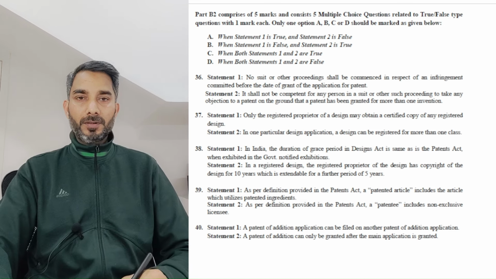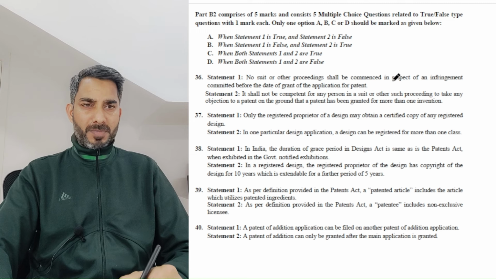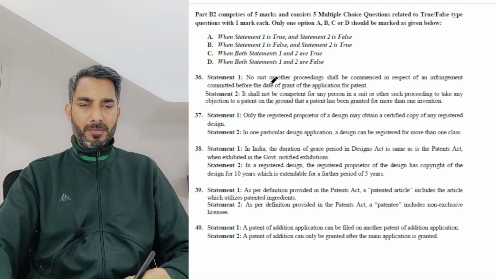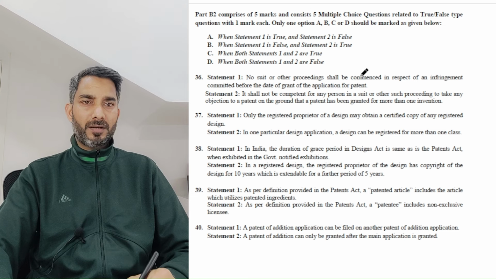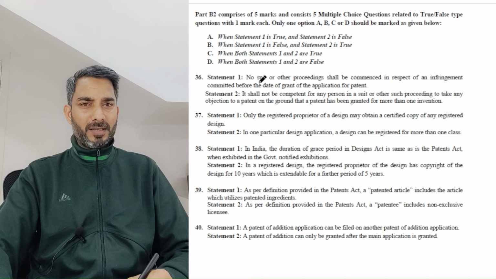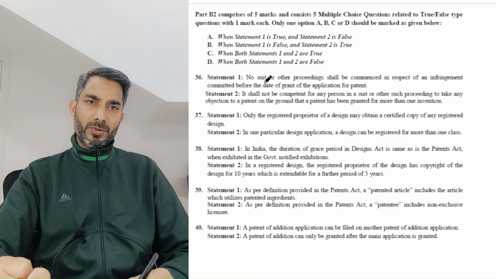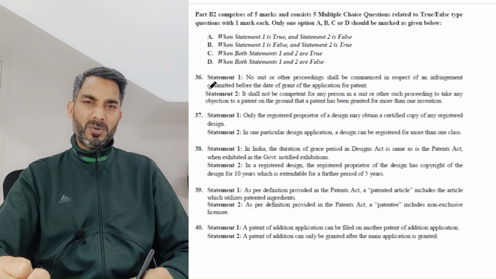Okay. Question 36, statement 1. No suit or other proceedings shall be commenced in respect of an infringement committed before the date of grant of application for a patent. How do I read it? No suit can be commenced before the date of the grant. That's fine. But no suit or other proceedings shall be commenced in respect of an infringement committed before. I don't know how to read this question. There are two ways to read this.